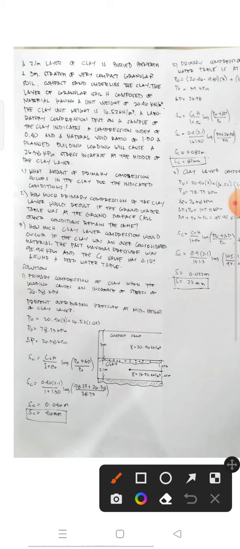Yun yung swell index. So Cs H over 1 plus e0 logarithm of Pc over Po.